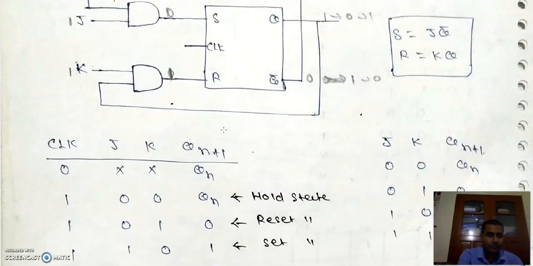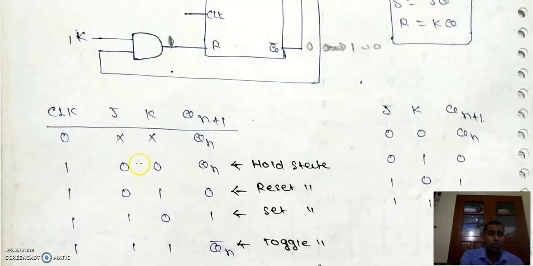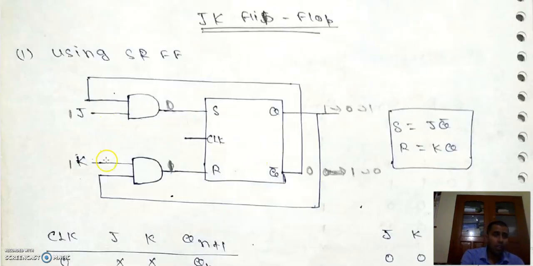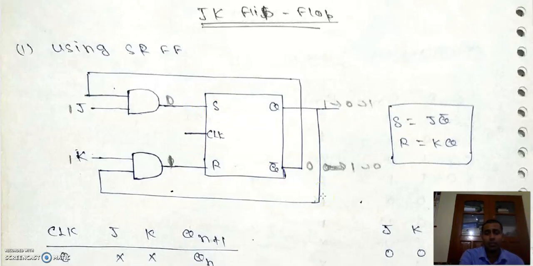If we apply the clock, then the output may change according to the condition. Now if we apply 0 0, if J is equal to 0 and K is equal to 0, you can see that for the AND gates, one of the inputs is 0, so we will get 0 here and 0 here. This is the case of SR flip-flop, and in SR flip-flop we have already proved that if SR is 0 0, then we get the previous state.